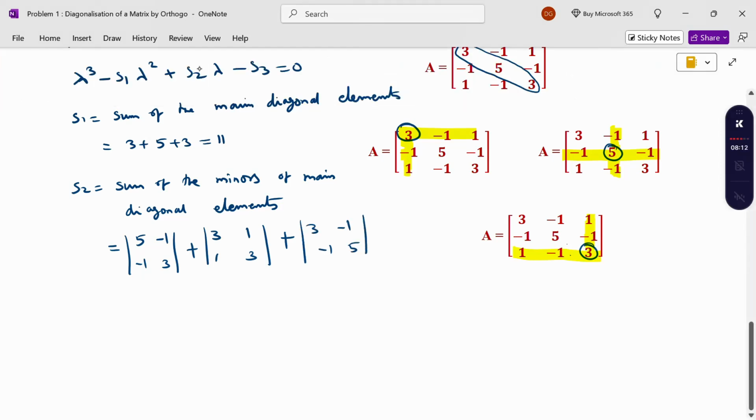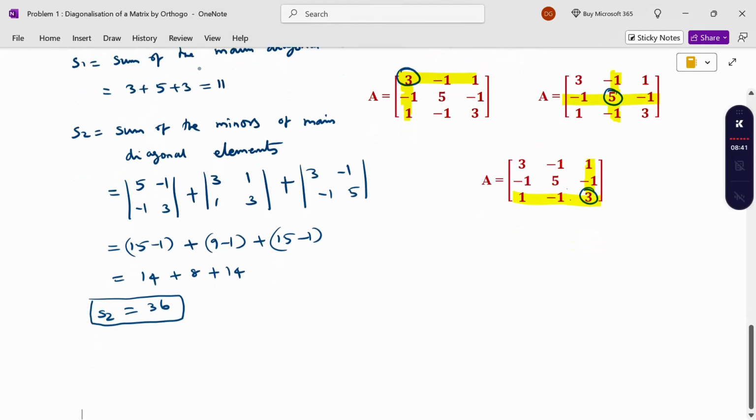Each 2 cross 2 determinant value is 15 minus 1, plus 9 minus 1, plus 15 minus 1. Therefore 14 plus 8 plus 14, so S2 is 36.